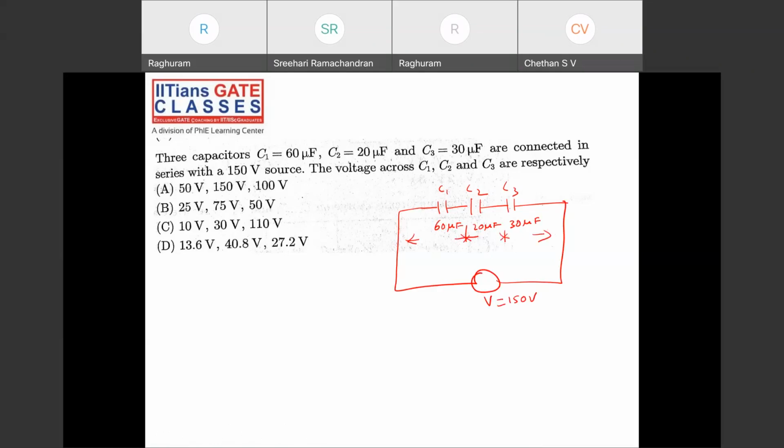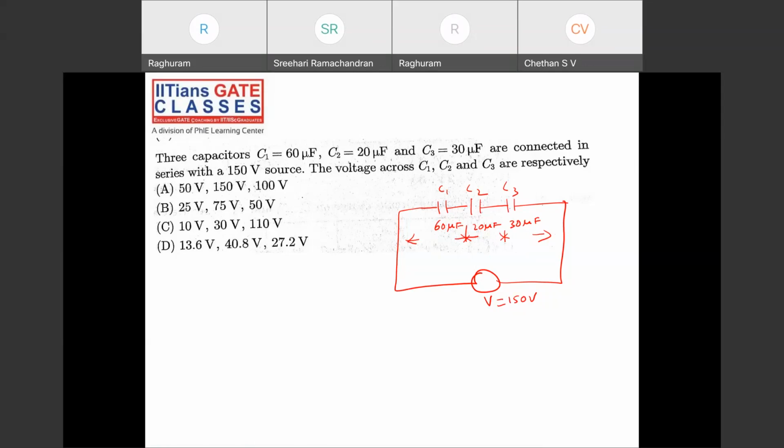How to find this? First, find the charge by equating V equal to Q by C, where V equal to V1 plus V2 plus V3.